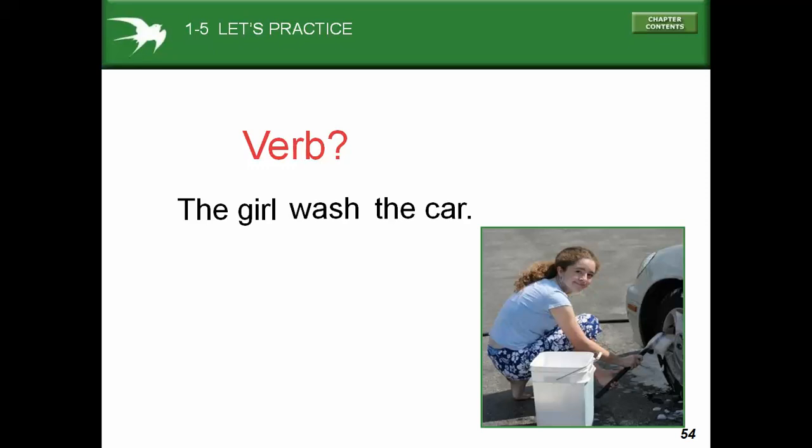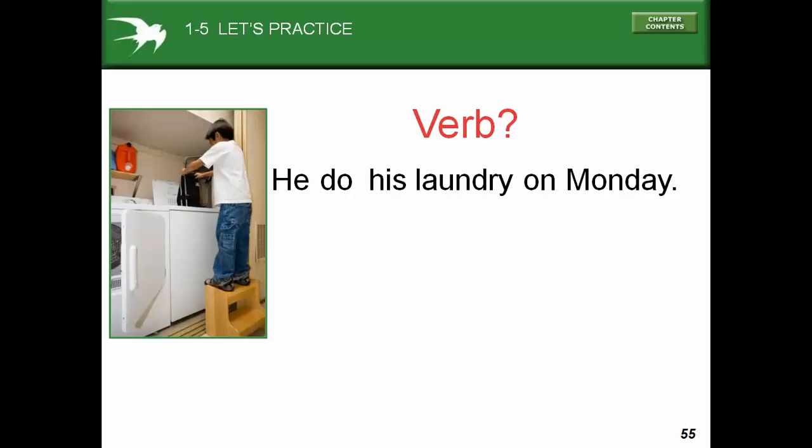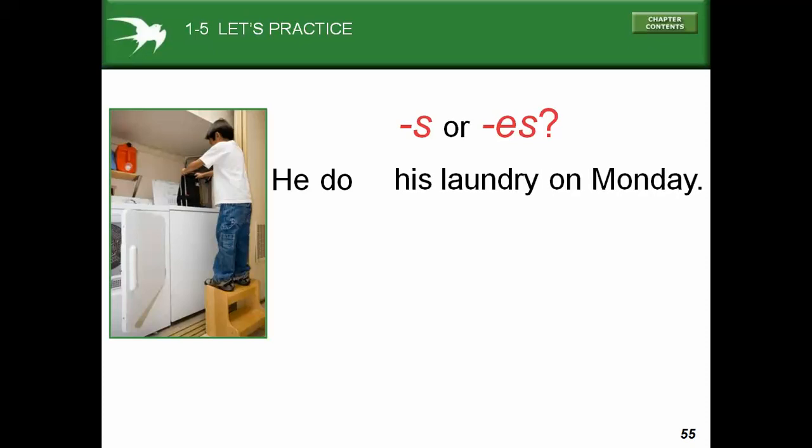Is it a verb? Yes. Where is the verb? Wash. S or es? Yes, es. He do his laundry on Monday. Where is the verb? Do. S or es? Yes, es.